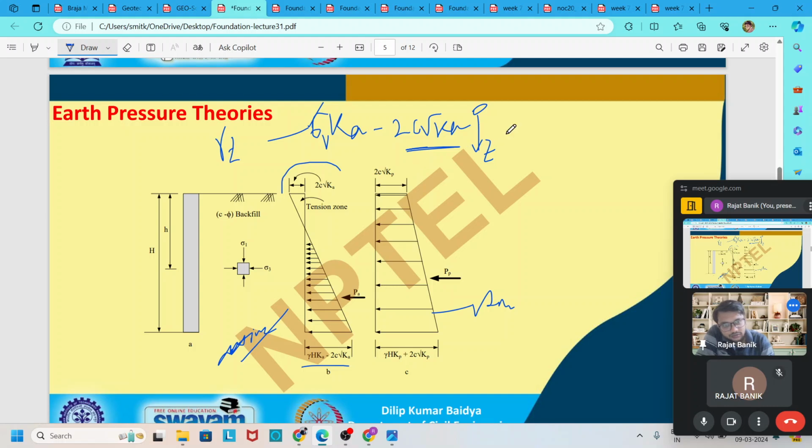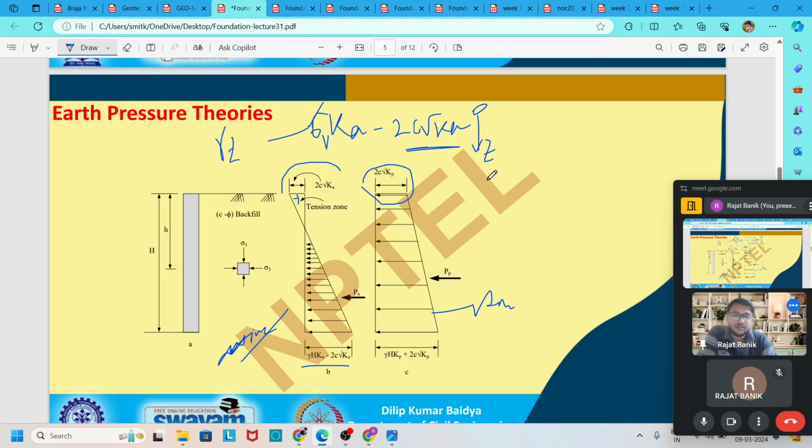But it is different in the passive case. In the active case, cohesion creates a negative impact on the active earth pressure, but in the passive case, it is additive in nature.